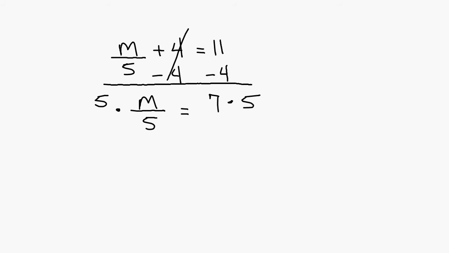Now on the left side, the 5 that's in the numerator and the 5 that's in the denominator, those two cancel out. So the only thing left on the left-hand side is the m. And what's 7 times 5? 35.